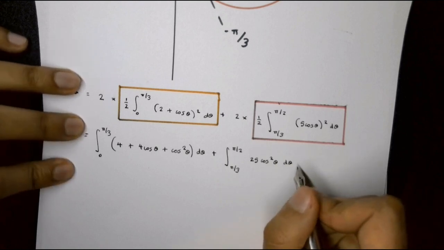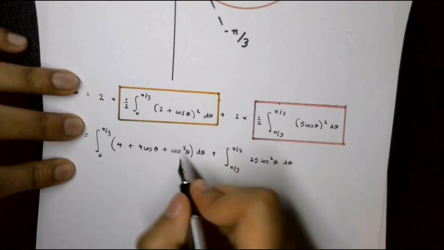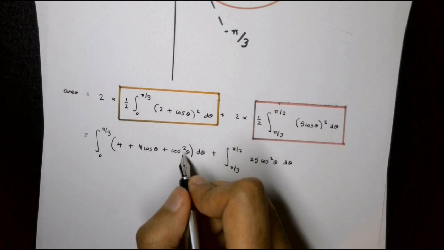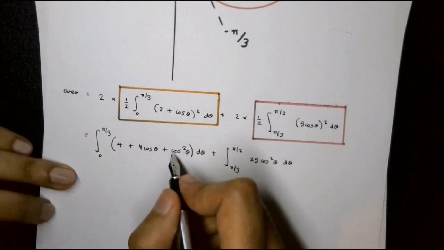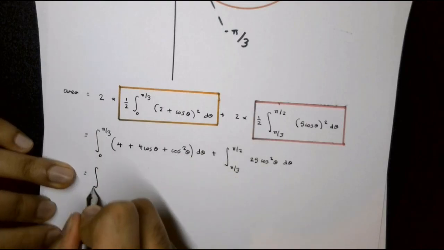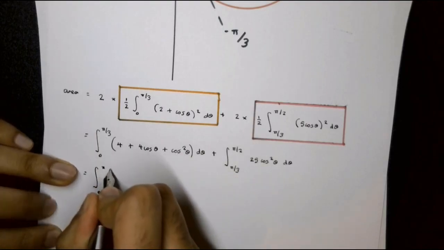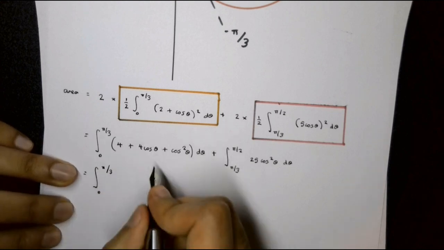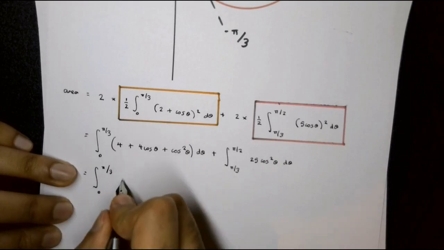So what we can now do, well, if we recognize that cos squared theta is the same as 1 plus cos 2 theta all over 2, and then we add this 4 to it, what we have is the integral from 0 to pi over 3 of, well, we'll write it out in full.